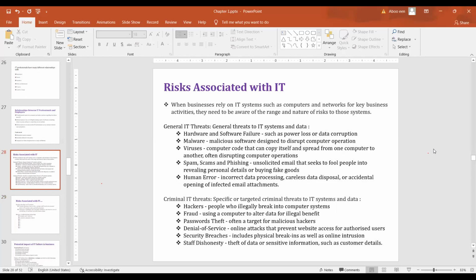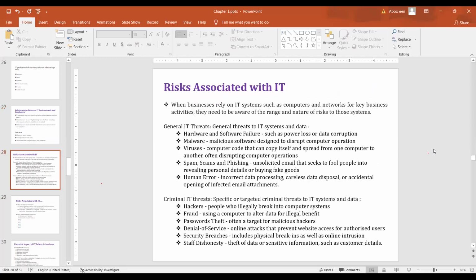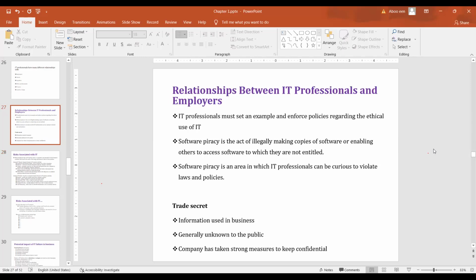Now can you please tell me some of the general IT risks or general IT threats? IT-related risks or threats that are general, not specific to any technical or criminal activities. What are those? Virus. Hacking problems.